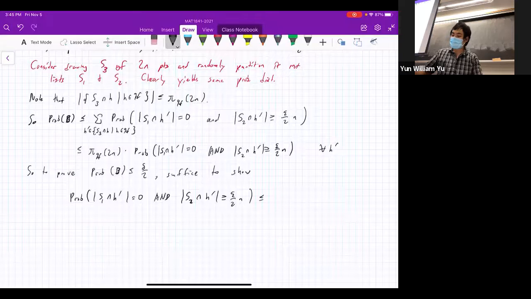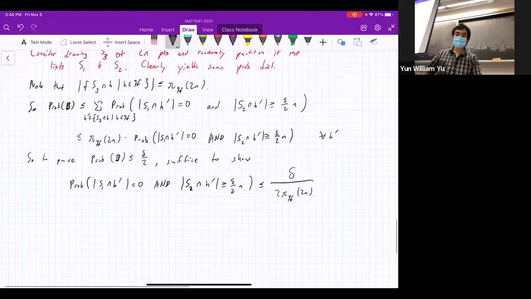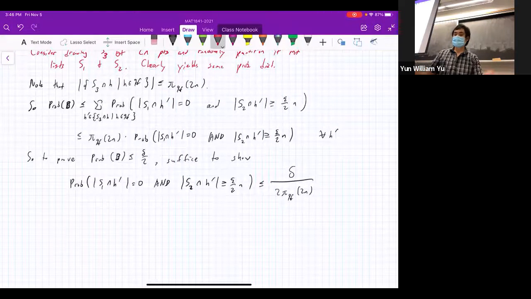Now this thing is less than or equal to delta over 2 pi H of 2n. Oh, sorry, that's not an 8, that's a delta. Okay, so we're just rewriting stuff right now.